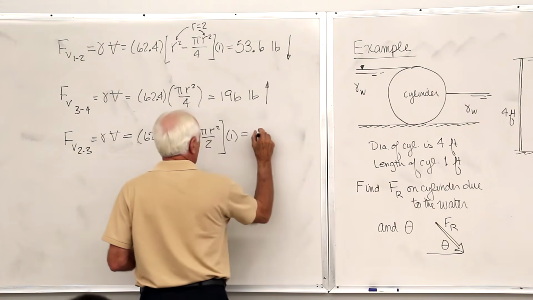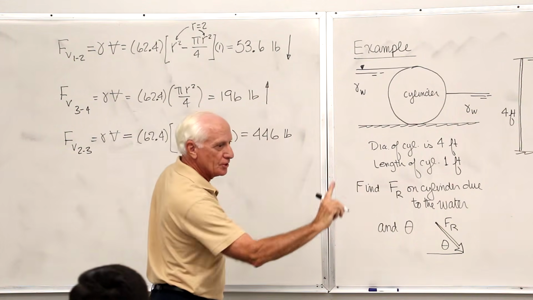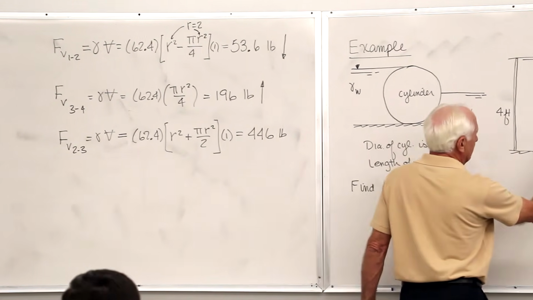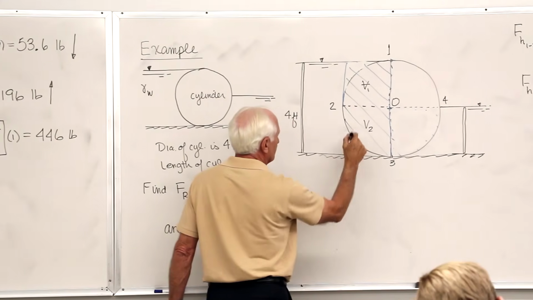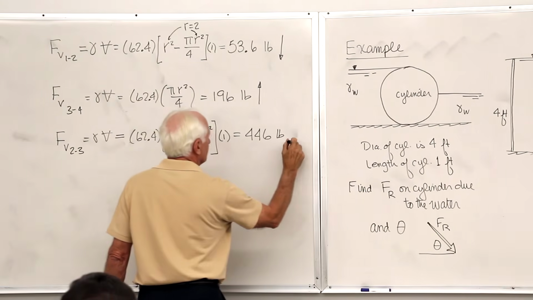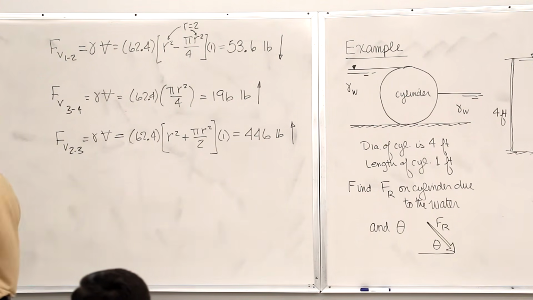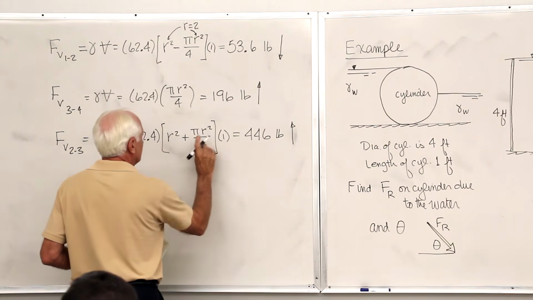You get 446 pounds. Which way? This pressure down here is bigger than the pressure there, so it wants to push up, of course. Surface 2.3, so it's up. Pi r squared over 4. Yeah. Thanks.